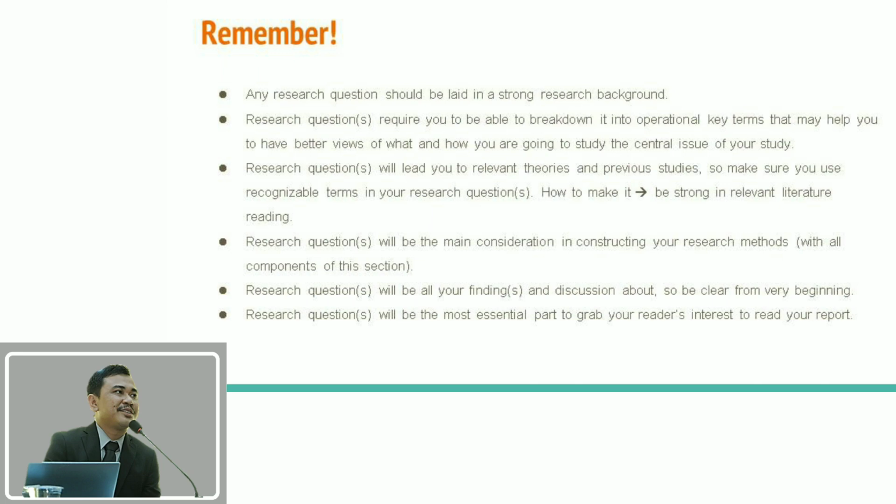Okay, and then of course you need to send the article as well, the soft copy of the article, so I can read where you got the question from, based on the title, based on the findings and discussion in the article. Okay, I think it's clear.